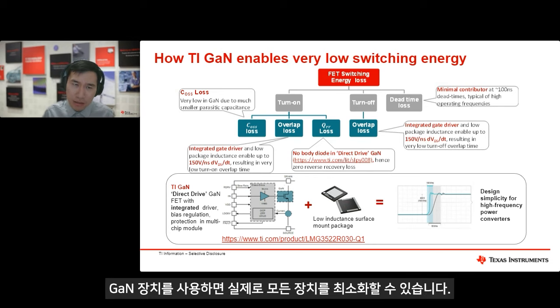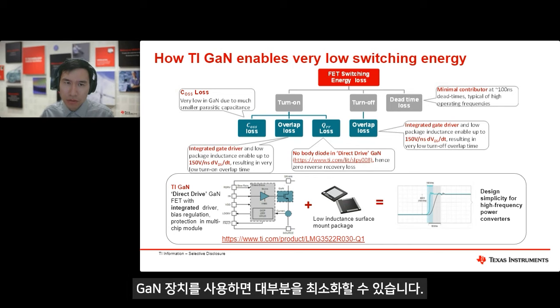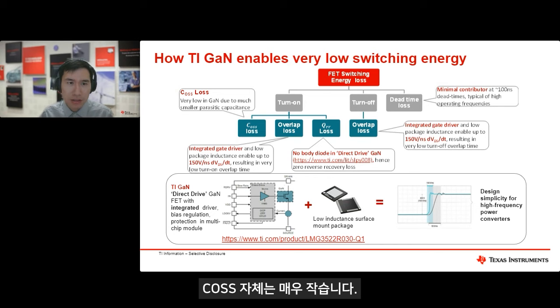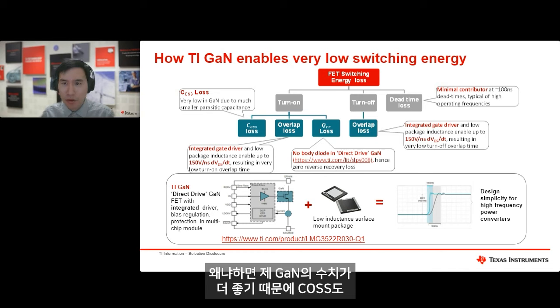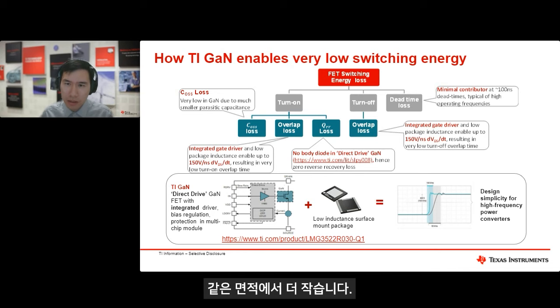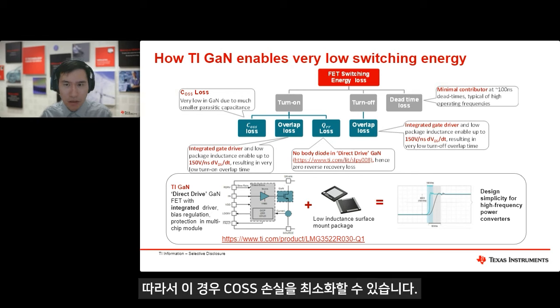With GaN devices, you can minimize most of them. The COSS itself is very small because the figure of merit of GaN is better, so the COSS is also smaller with the same Rds(on). In that case, your COSS loss can be minimized.